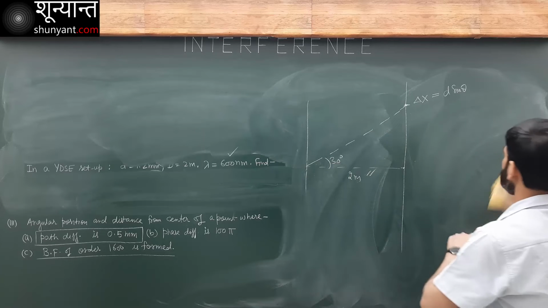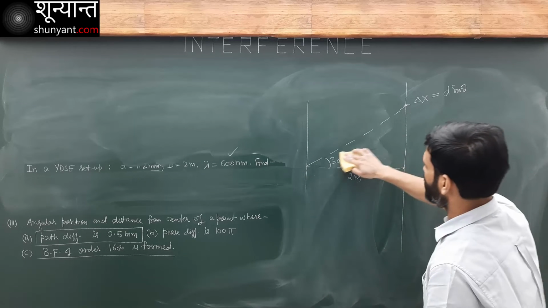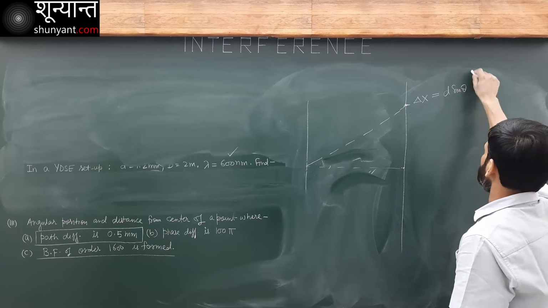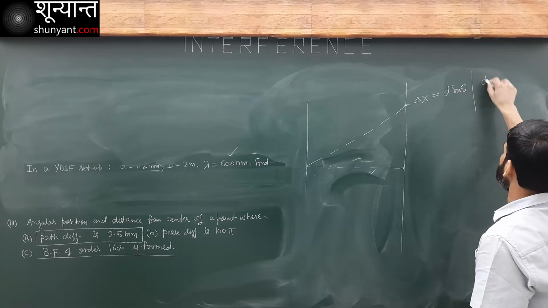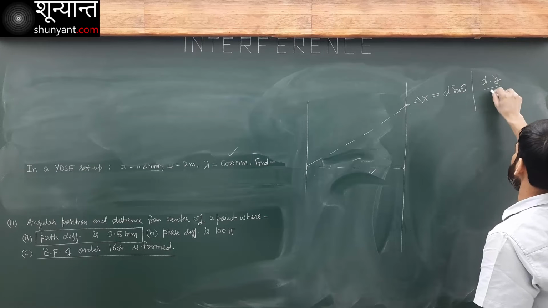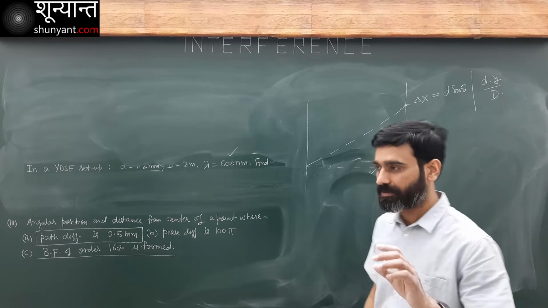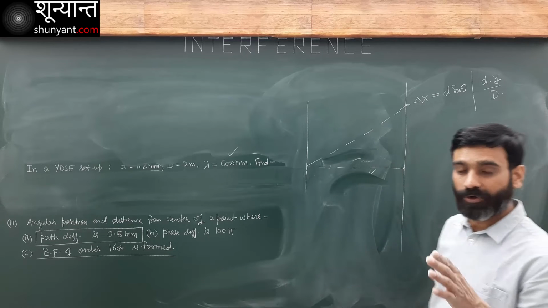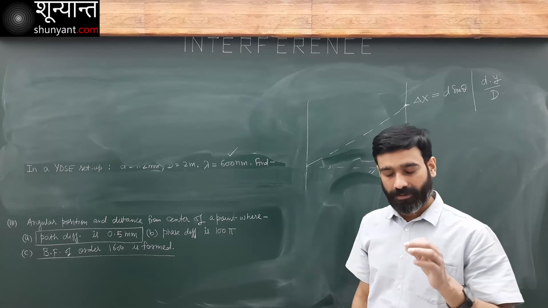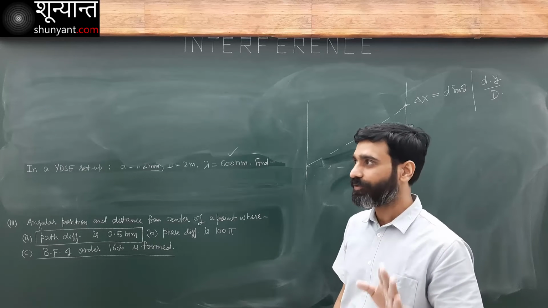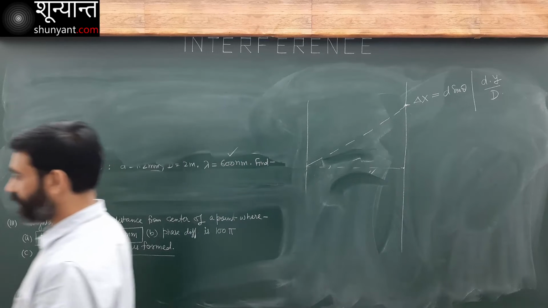One is d sin theta. The other one is d into y over D. Which one am I going to apply? About this, you should be very, very sure. There should be no scope for any confusion.